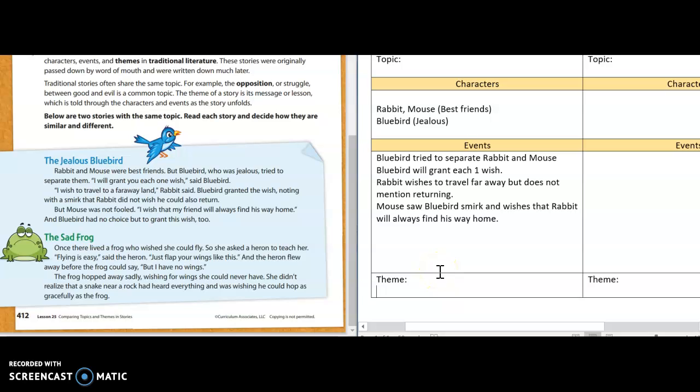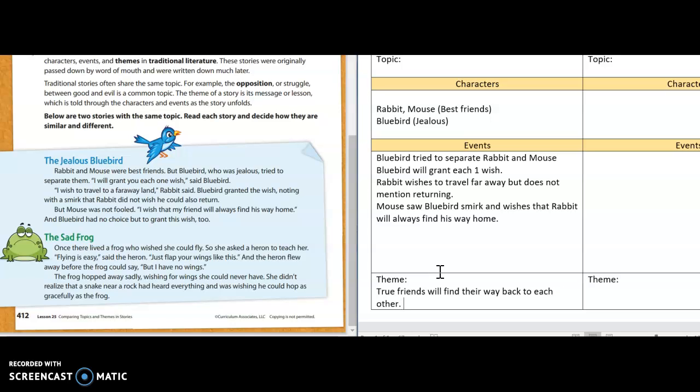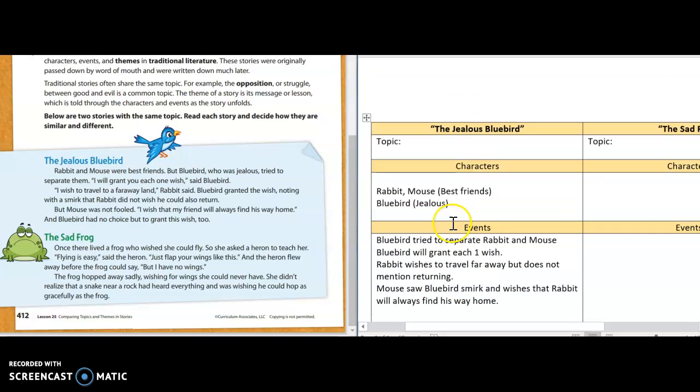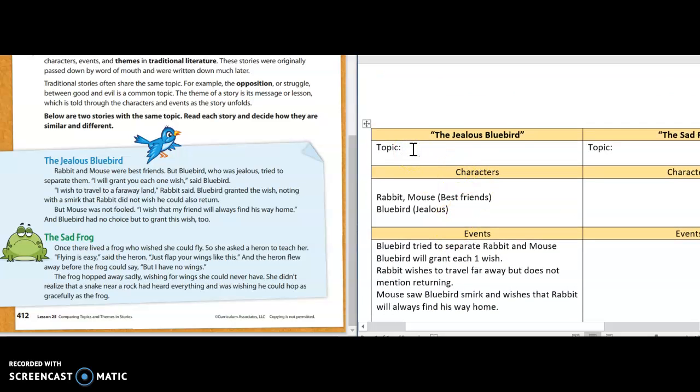Well, a theme in this story might be that true friends will find their way back to each other, meaning Bluebird is not going to be able to ruin this friendship. Now, a topic here might be what happens when wishes are made.